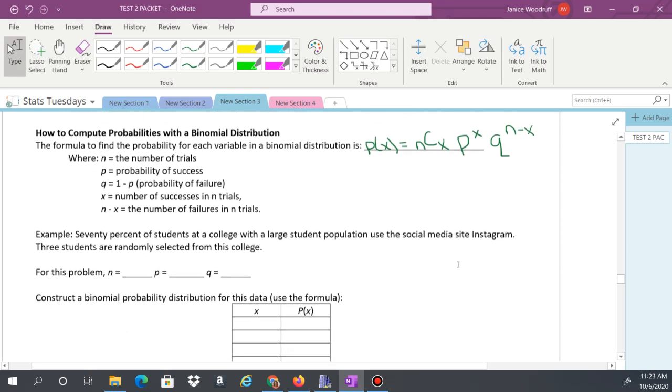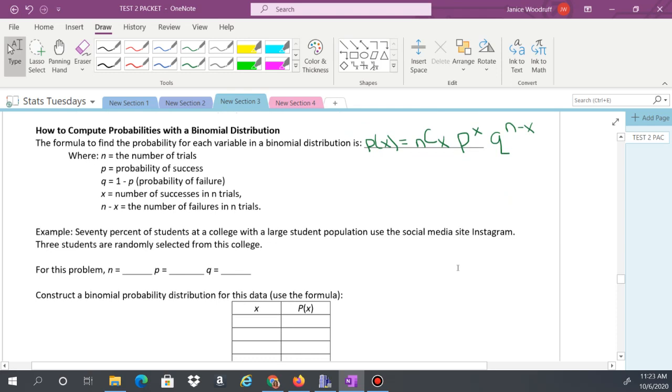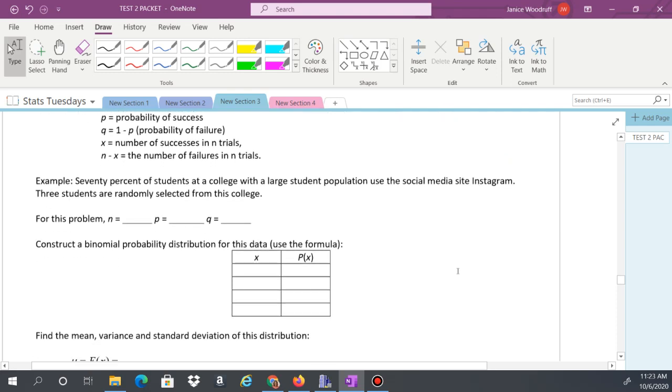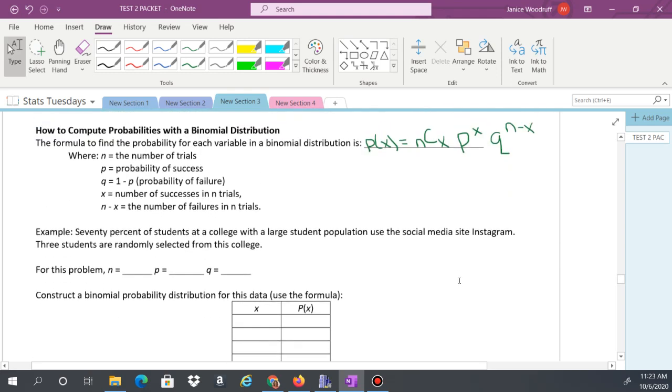All right, so let's look at an example. We have 70% of students at a college with a large student population who use the social media site Instagram. 3 students are randomly selected. So for this problem, n is 3. We're going to let p be the people that do have Instagram, because it says 70% do.